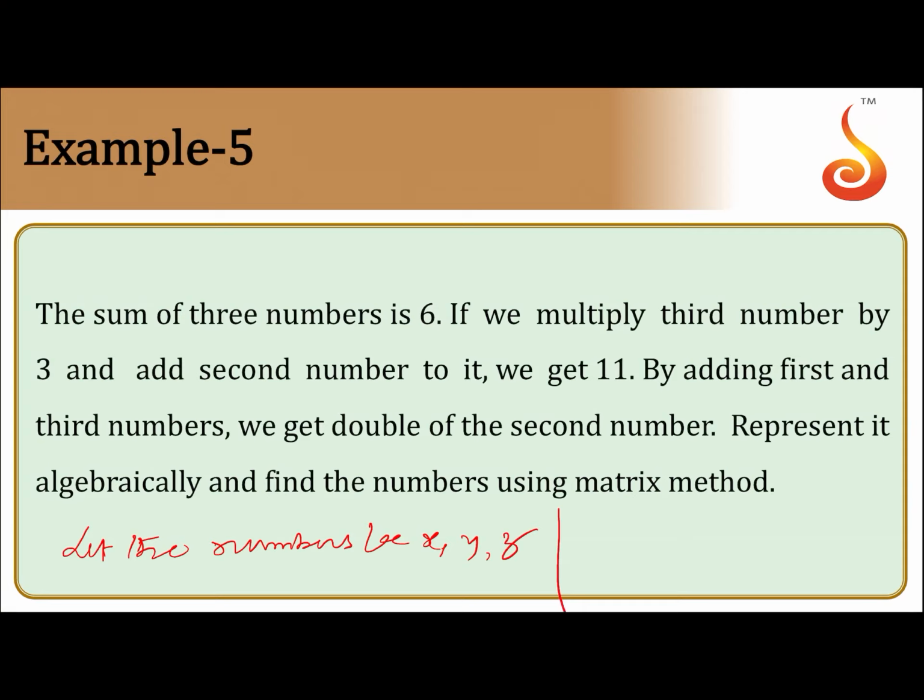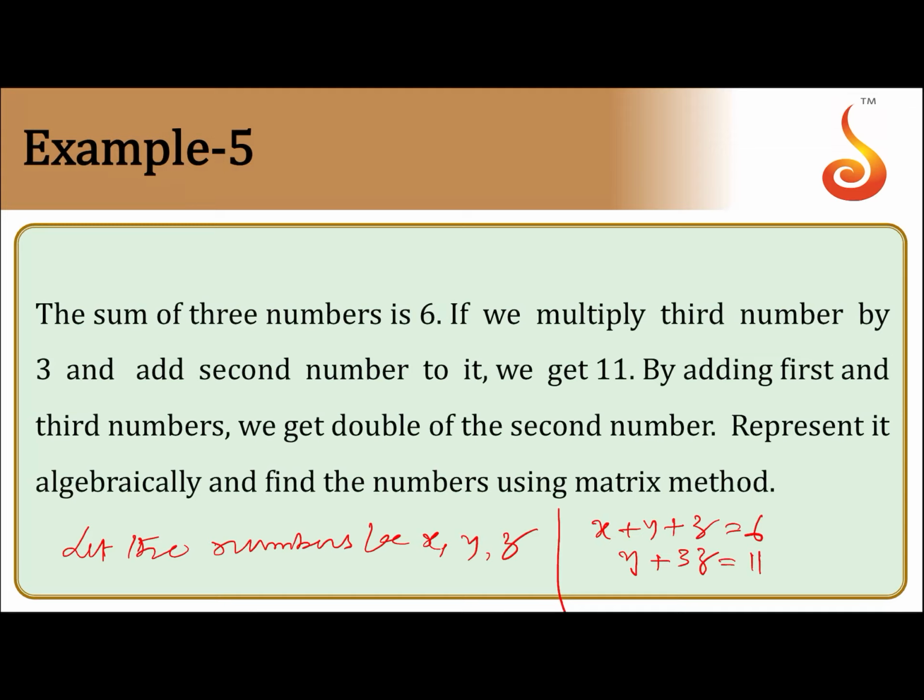Now I shall proceed by rewriting the equations here itself so that it's convenient to write down the values. Sum of the three numbers is 6, means x plus y plus z is equal to 6. And if you multiply the third number by 3, that's nothing but 3z, and add the second number to it, plus y, to get 11.